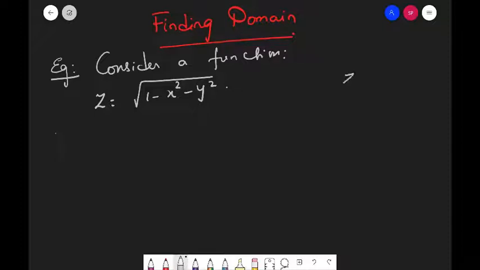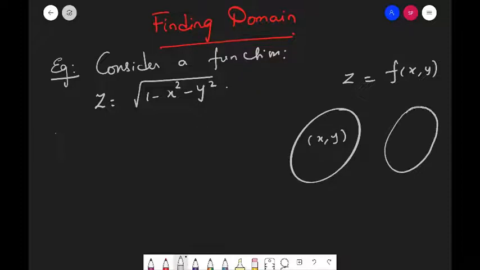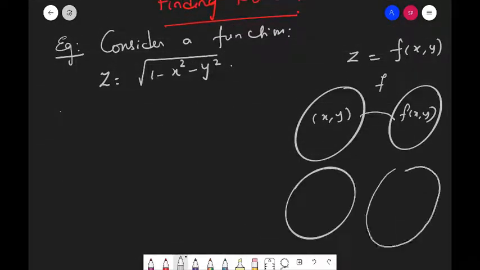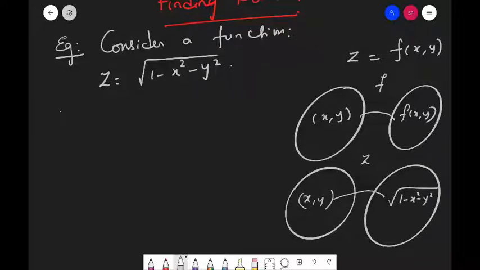You can compare it with z equal to f of x y. To each x comma y there is related f of x comma y. If x comma y is a point, then z is given by the square root of 1 minus x square minus y square.